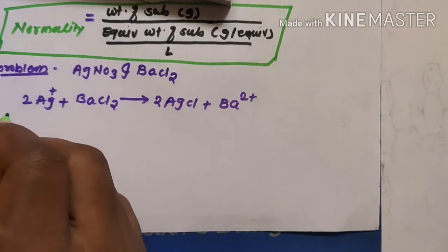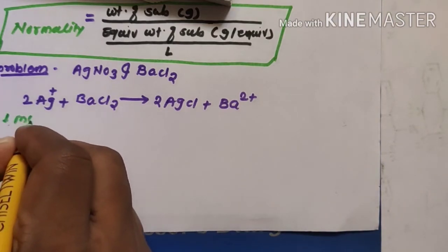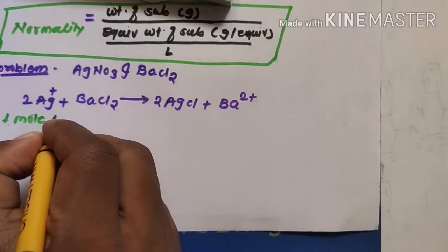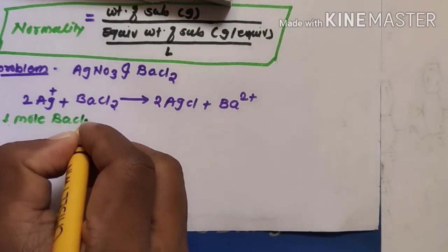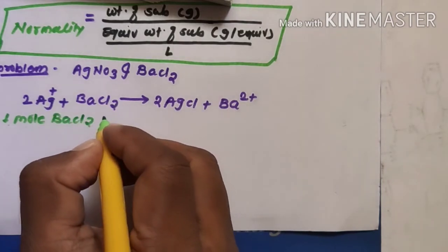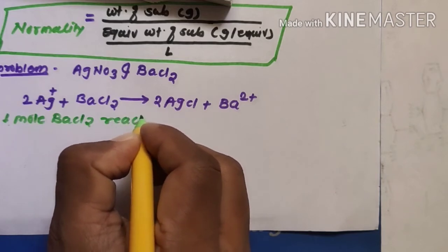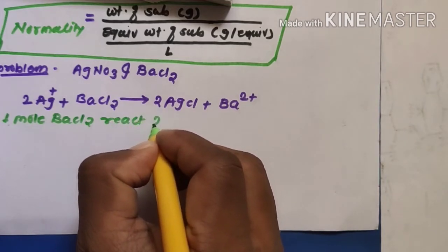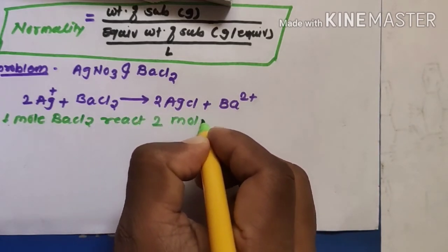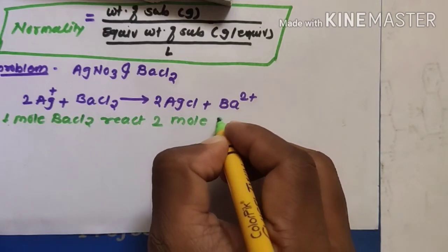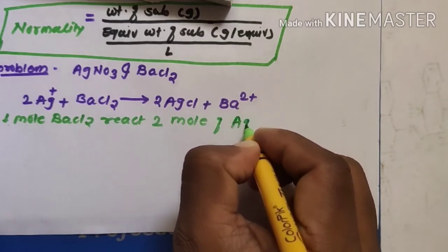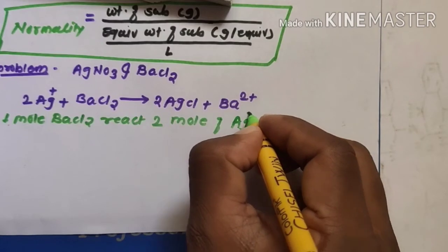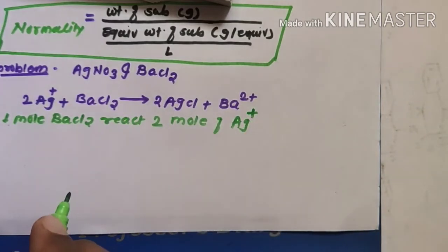Here 1 mole of BaCl2 reacts with 2 moles of Ag plus ions.